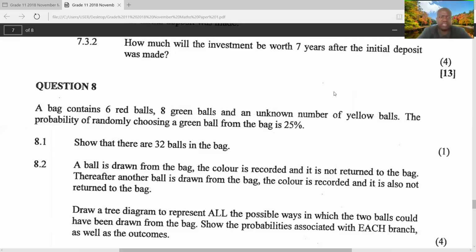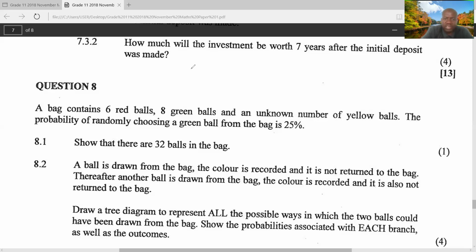In question 8, it says a bag contains 6 red balls, 8 green balls, and an unknown number of yellow balls. Right, let's now write the information.